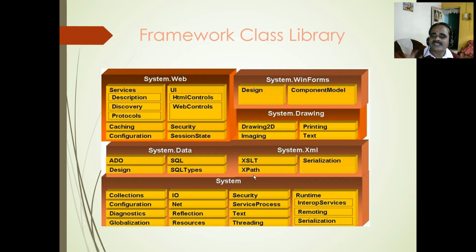When we use XML, system.xml is what we extract with. System.data is required for database management. System.winforms are essential for the Windows application. System.web is needed for the web application. And when we use security and all these things, the main base is the system files. So this is the framework of the class library.